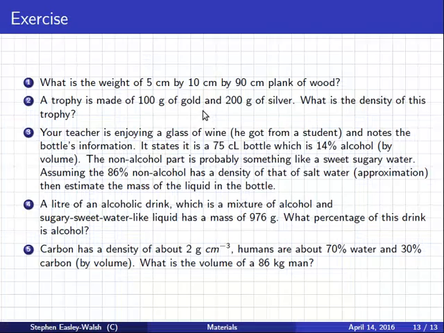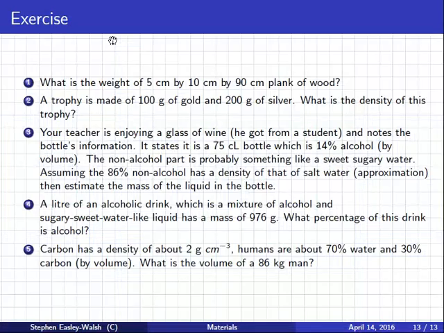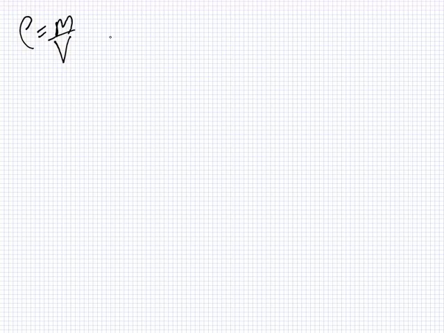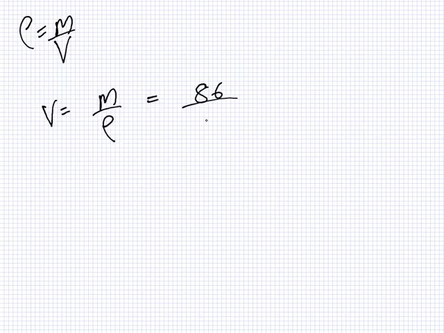So volume is mass over density, and we know the mass is 86 and the density we don't know, but the density of the man would be mass of the man over volume of the man. The mass of the man is the mass of the water plus the mass of the carbon, and then this is the volume of the water plus the volume of the carbon.